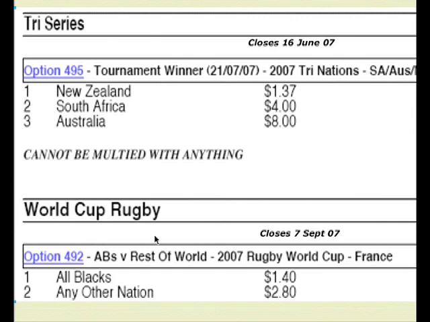And down here, they're offering odds on the All Blacks winning the World Cup and somebody else winning the World Cup. And if you keep going through, I think they have Japan at like $5,000, they're paying $5,000 on Japan to win the World Cup. That means if you pay them $1, they will pay you $5,000 if Japan wins.